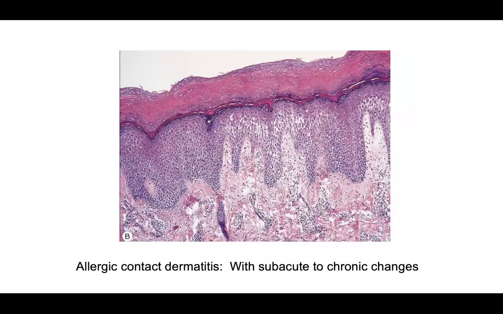Allergic contact dermatitis on pathology can show acute changes, as we mentioned, but also subacute and chronic changes if the patient's constantly being exposed to the same antigen over time. Here the pathology had enough time to get pretty acanthotic and still retain moderate to pretty severe spongiosis, but no large spongiotic vesicles.